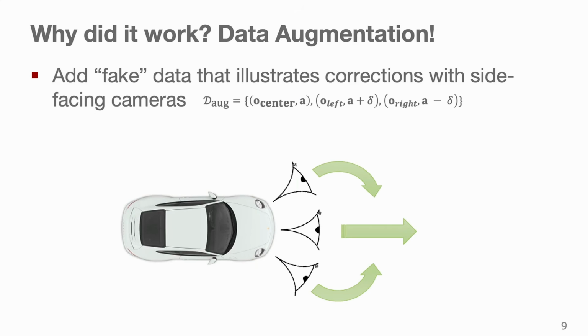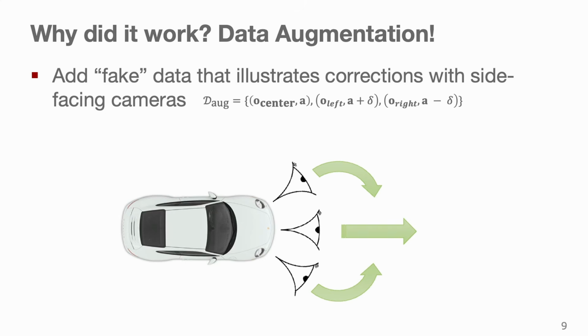So to solve this, this NVIDIA paper came up with a strategy that involved using 3 cameras instead of 1. So a center camera and two side cameras. And they applied a very simple trick: they augmented this data set with examples from the side cameras. For the camera that's looking left, they labeled this always as steering right.